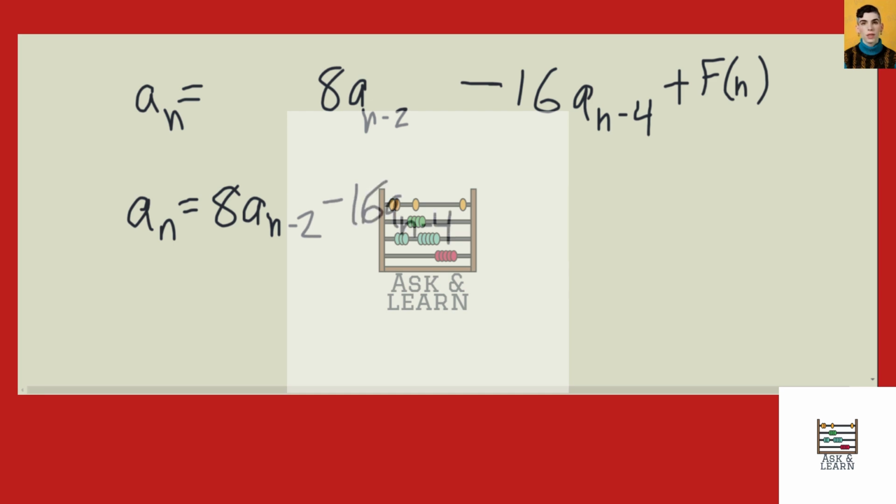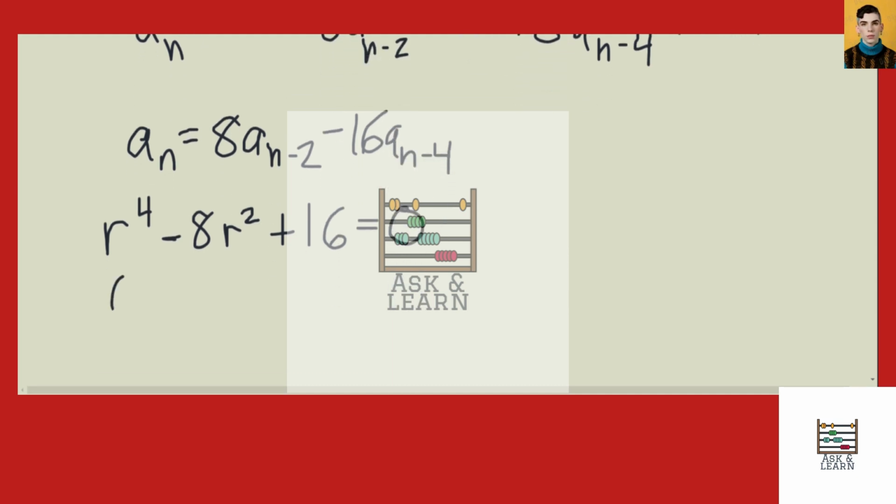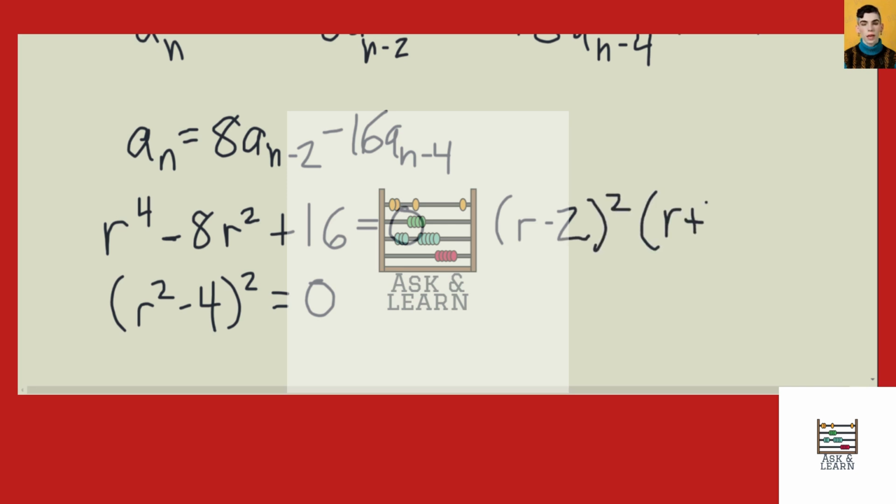And this has characteristic equation r^4 - 8r^2 + 16 = 0. We can factor this as (r^2 - 4)^2 = 0, which can be further factored as (r - 2)^2 (r + 2)^2 = 0.